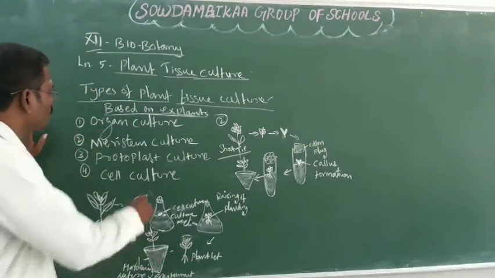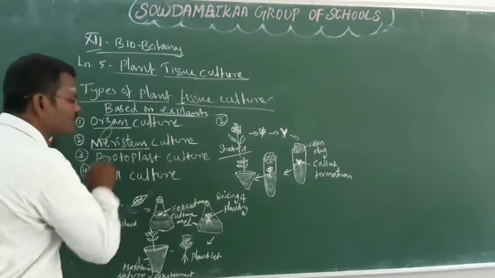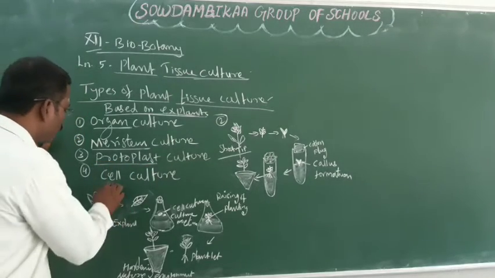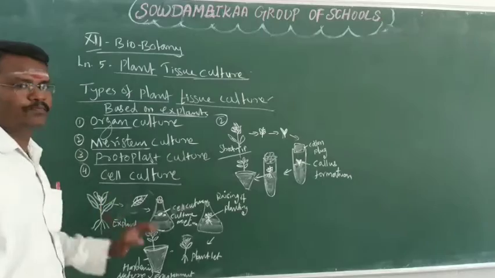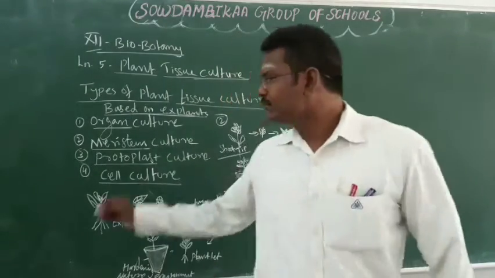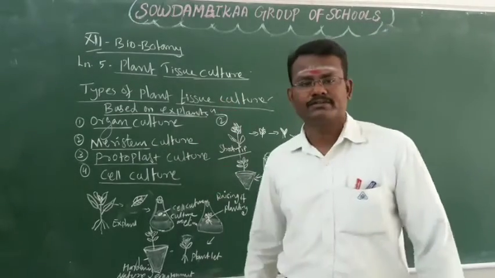One is organ culture. Second is meristem culture. Third is protoplast culture. Fourth is cell culture. These four types of tissue culture are based on the explant.